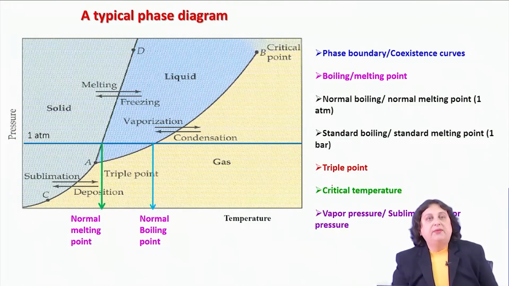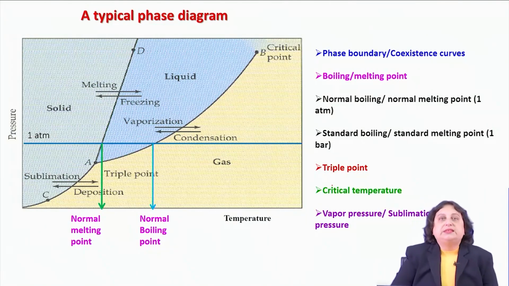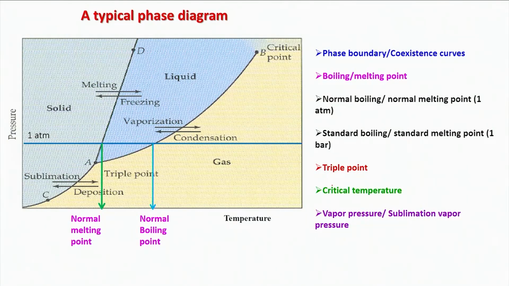Now, let me have a look at a typical phase diagram. Here you need to understand that there are certain properties that I need to take care of when I try to understand what this typical phase diagram means.